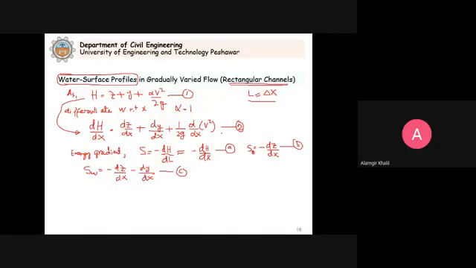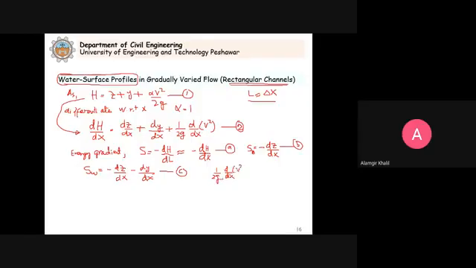This term in equation number 2 can be written as 1 by 2g, which is common, times d by dx of v square.